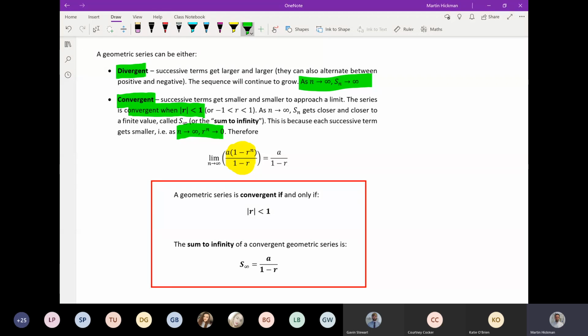Now, I've tried to avoid talking about current situations in the world as of late, but I feel like this is actually really quite relevant to what is happening in the world right now. You may have heard something called the R number in the news. It's about the rate of infection, and you might have heard they keep saying on the news that they want to get R below 1.